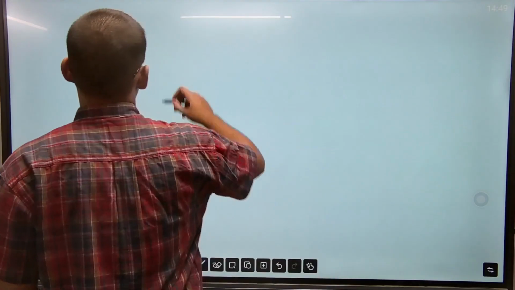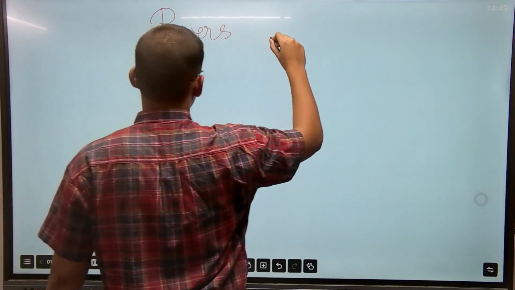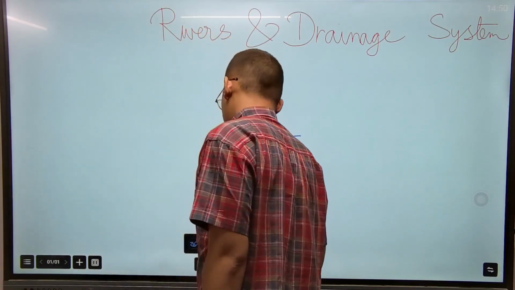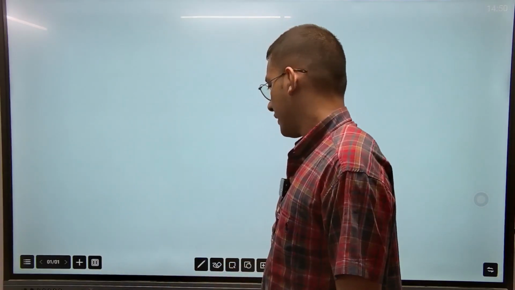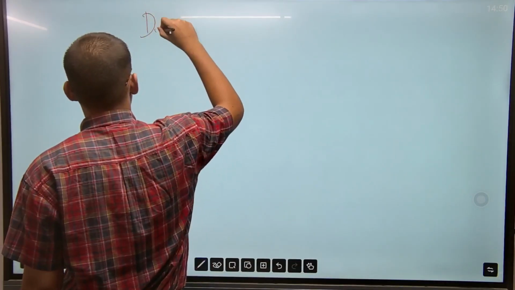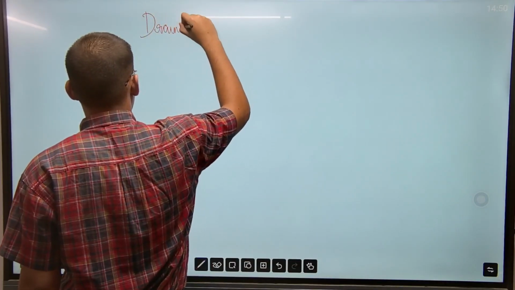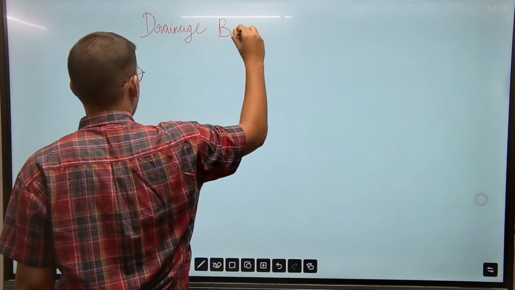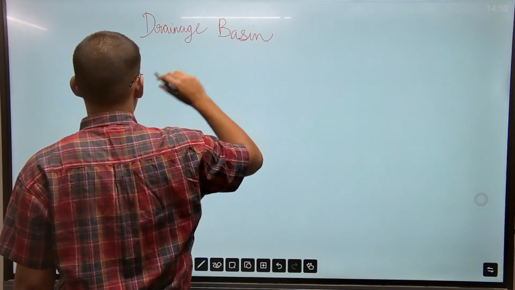Now we shall start with rivers and drainage system. We need to remember a few terms here, starting with drainage basin, right?